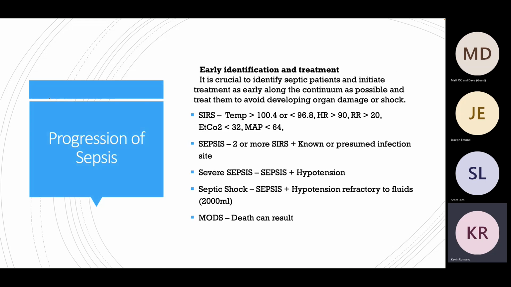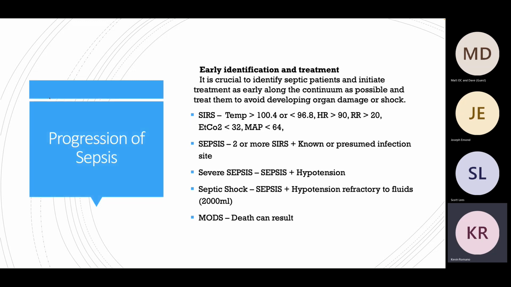So the progression of sepsis: obviously, early identification and treatment is crucial to avoid developing organ damage and shock. So this is what we're looking for in the field, pre-hospital. We want to find out first if they have a temp of greater than 100.4 or less than 96.8, a heart rate of greater than 90, respiratory rate greater than 20, an end tidal less than 32, and a MAP of less than 64.